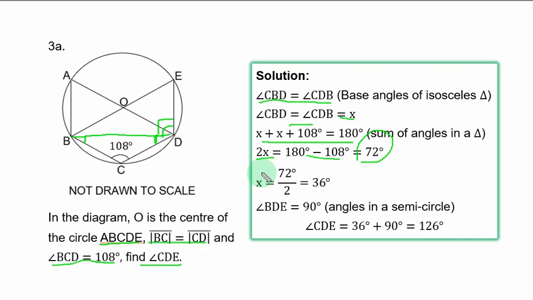Divide through by 2, so S is 36 degrees. Angle BDE is 90 degrees. Therefore, angle CDE is equal to 36 degrees plus 90 degrees, and that is 126 degrees. That is the size of angle CDE.